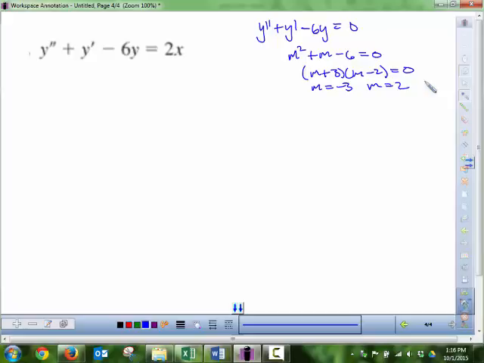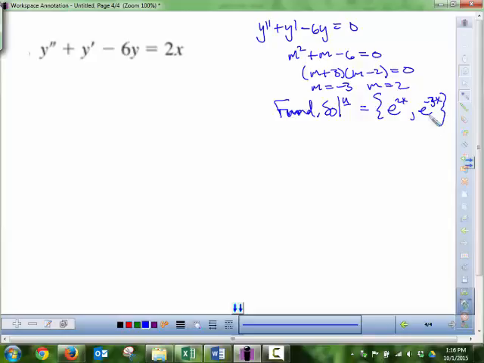Good? All right. So our fundamental solution is going to be a set of functions, e to the 2x and e to the negative 3x.